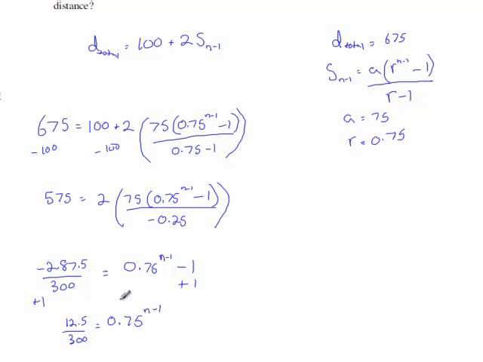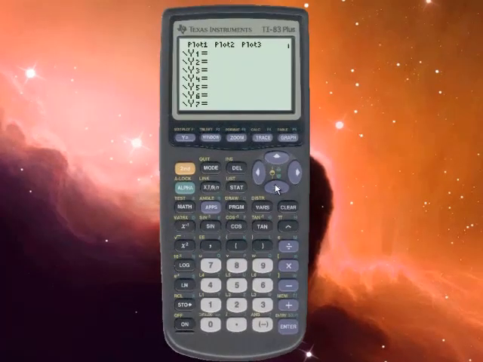Okay. It's difficult to solve this without your calculator right now, so go to your calculator. You can use the intersect feature. Use 12.5 over 300 as one of the equations, 0.75 to the power of n minus 1 as the other. So your first equation is going to be 12.5 divided by 300.